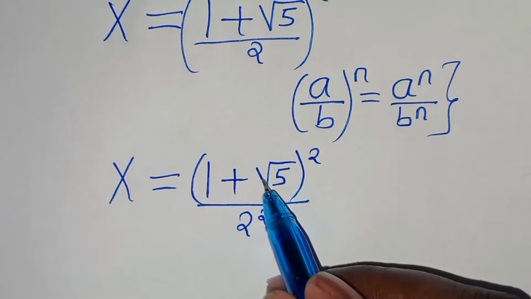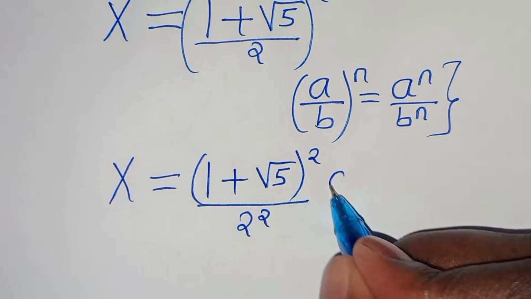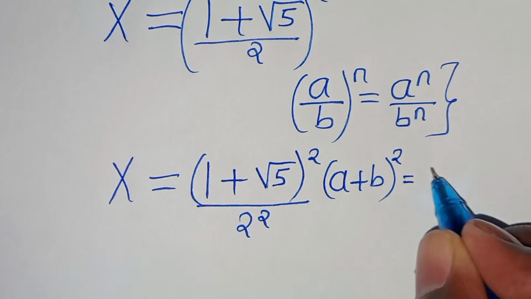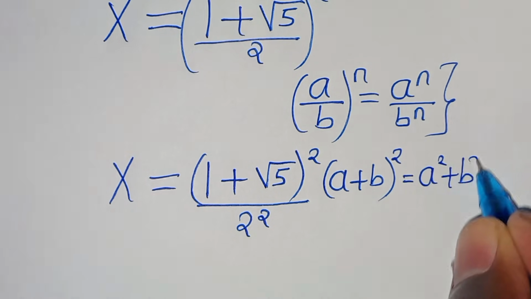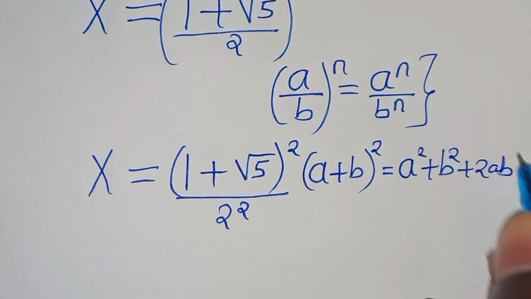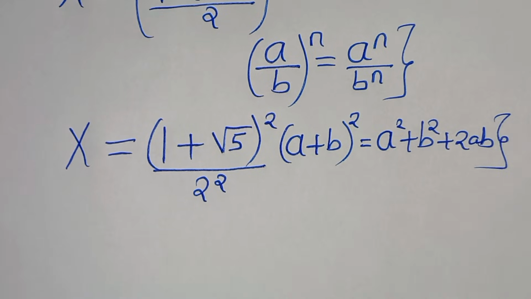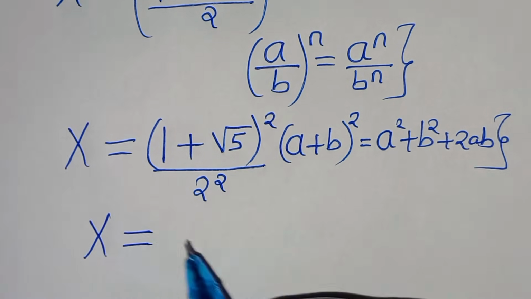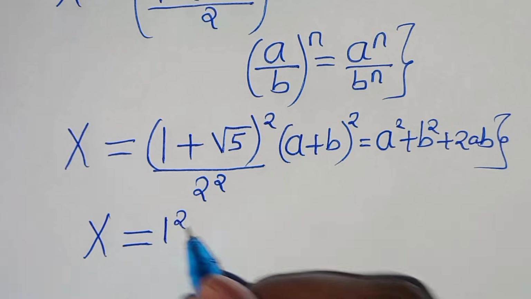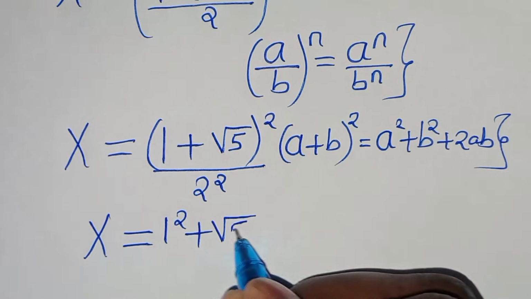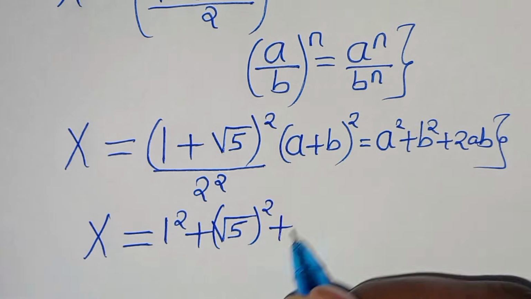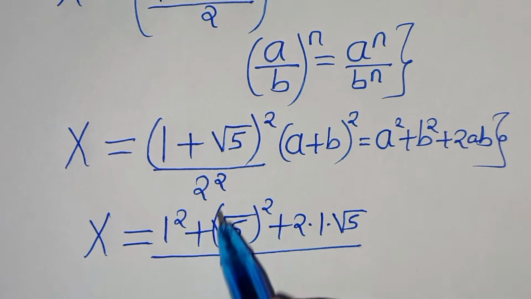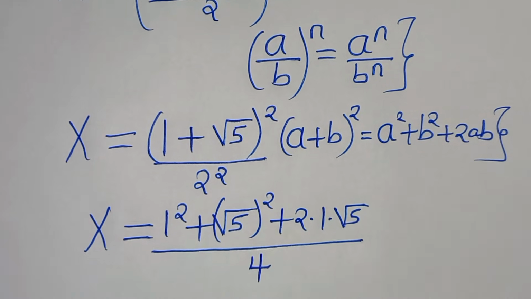Now, 1 plus square root of 5 to the power of 2 is in the form of a plus b raised to the power of 2, which we can express as a to the power of 2 plus b to the power of 2, plus 2ab. Applying this algebraic identity, x is equal to 1 squared plus square root of 5 raised to the power of 2, plus 2 times 1 times square root of 5, everything divided by 2 squared, which is 4.